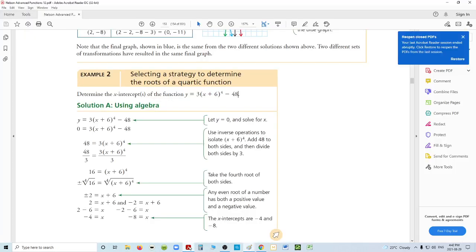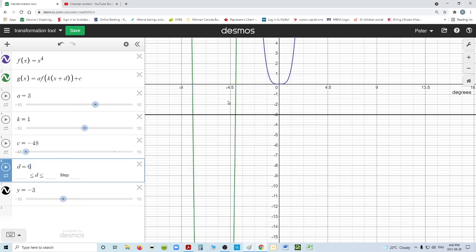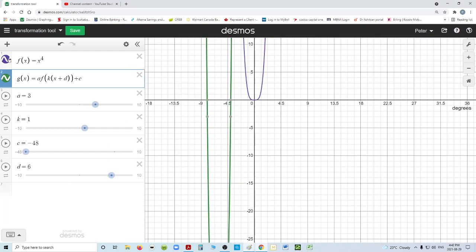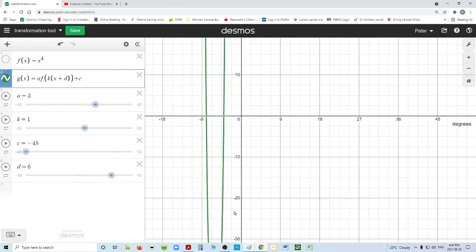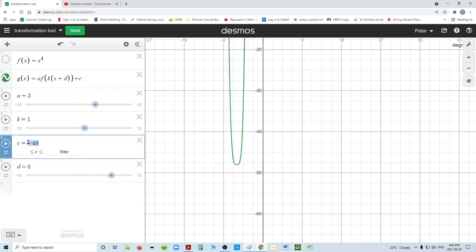Plus 6 it was, and minus 48. So D is plus 6. And if you look at it, and you were to get rid of this, you can see in D there are the y-intercepts, and it's going to form its little bottom right down there at minus 48, because the whole thing got translated downwards by minus 48.